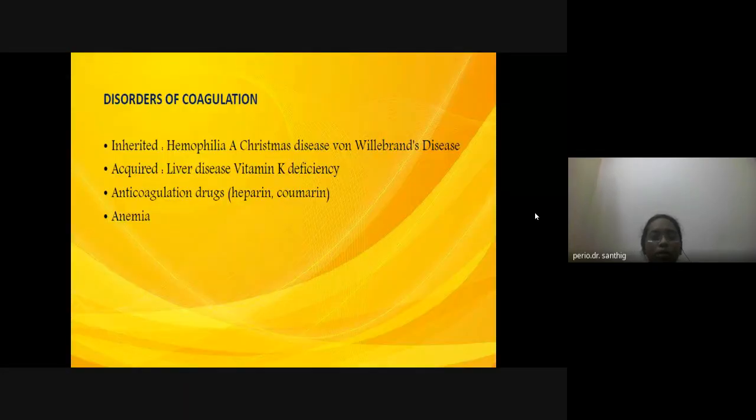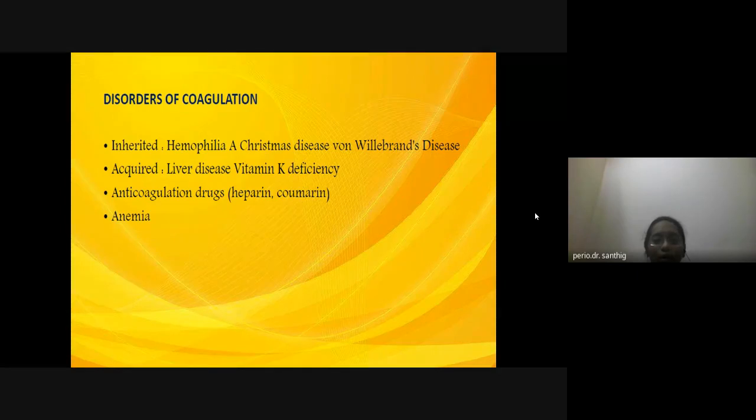After that, the disorders of coagulation. There are some diseases related to the disorders of coagulation. During the coagulation period, there can be problems like inherited hemophilia A, Christmas disease, or von Willebrand's disease. Von Willebrand factor deficiency will lead to hemophilia A, Christmas disease, or von Willebrand's disease.